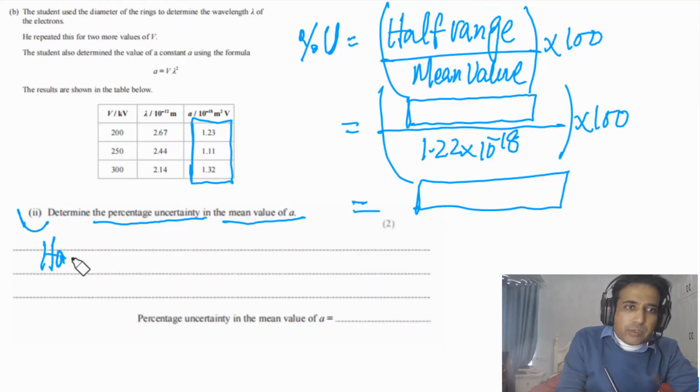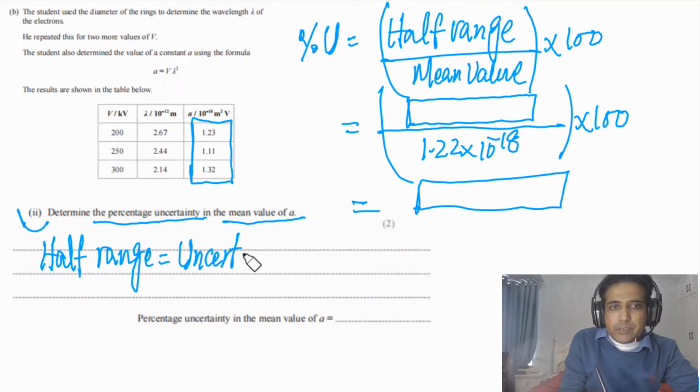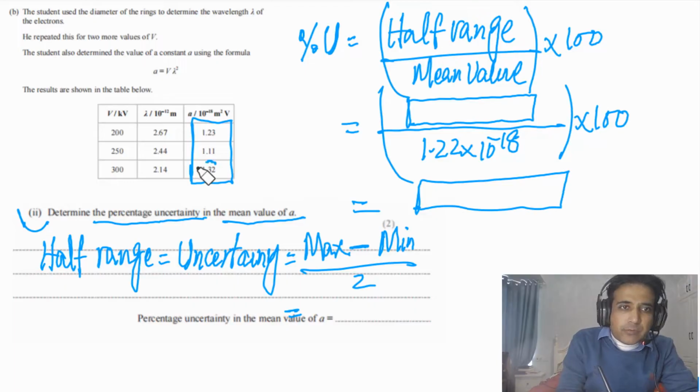In order to calculate half range, in this case half range is equal to absolute uncertainty. We have to take the maximum value in the given data minus the minimum value, and we need to divide by 2. So maximum value we have this one.